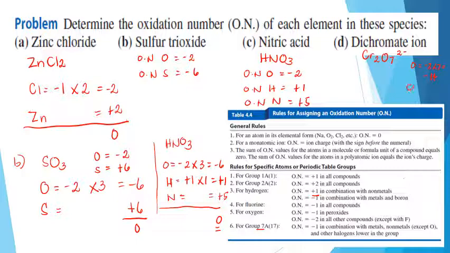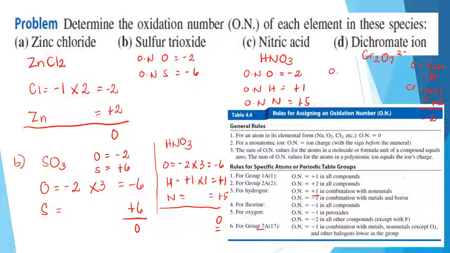Since we have a -2 overall charge here, the chromium should total +12 in order to get the -2 overall charge. Since we have 2 chromium here, we should have +6 times 2, which is equal to +12. So -14 plus 12 is equal to a -2 overall charge for the dichromate ion.